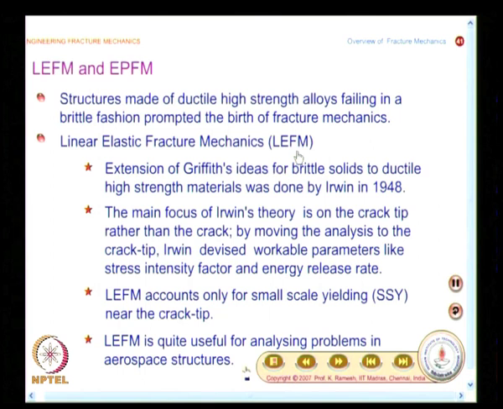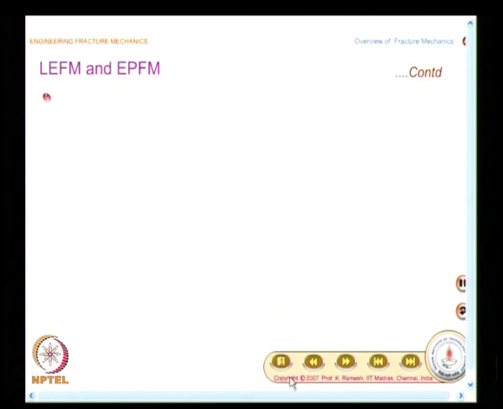The use of LEFM is found in aerospace structures, because you use essentially thin structures, and by and large it is more of a thumb rule. For some aerospace components you will also require EPFM, but by and large LEFM is applicable to aerospace structures.